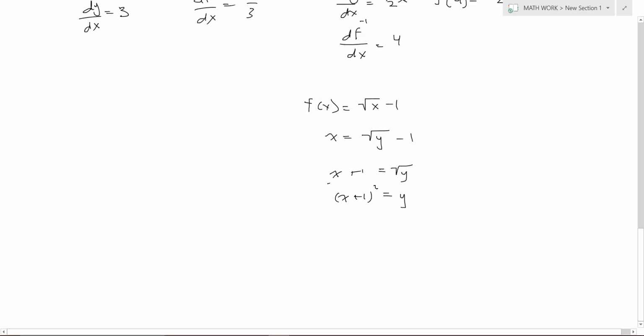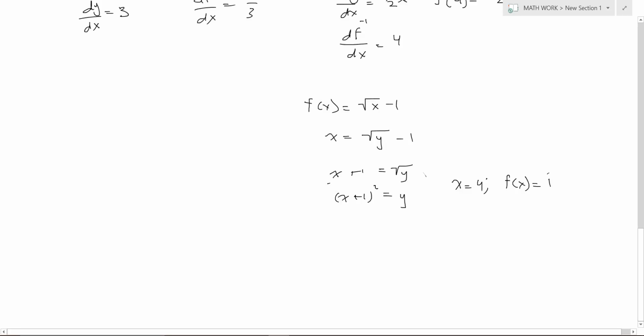Now we're going to take f of x at x equals 4, which is 2 minus 1, which is 1.